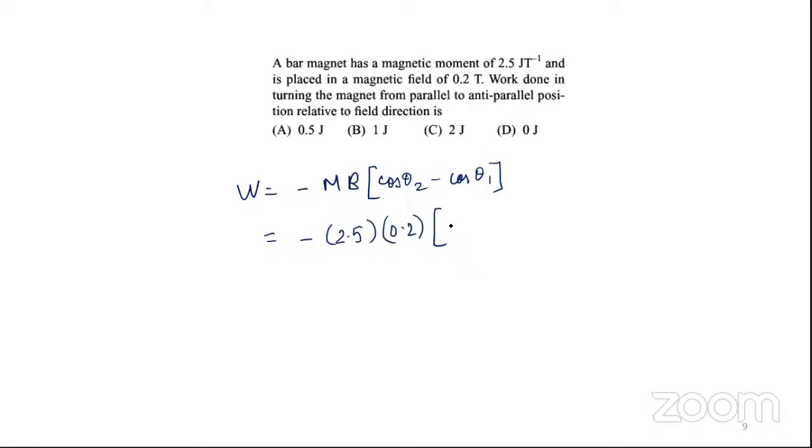So cos 180 is minus 1, minus parallel is 0, so cos 0 is 1. So this is minus 2.5 into 0.2 into minus 2. This will be 5 twos are 10, 0.5 twos are 1. This will be 1 joule.